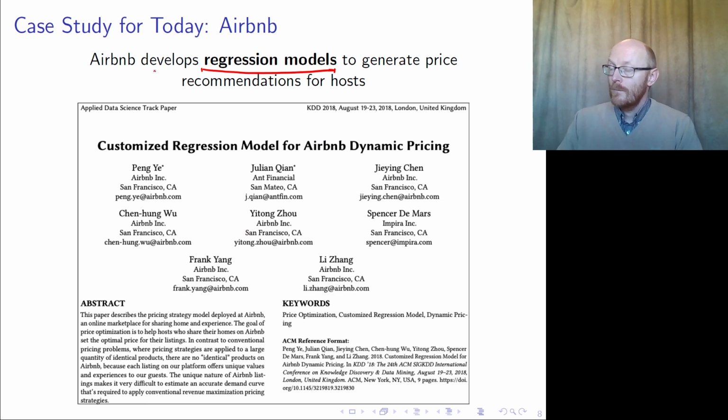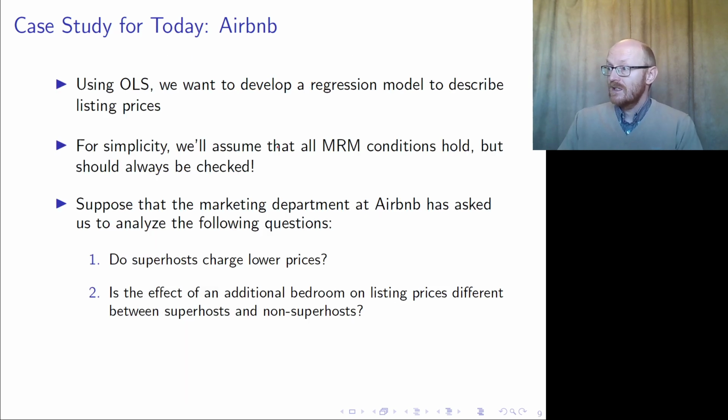And they developed regression models to generate price recommendations for you as a host. So what we want to do is something else than Airbnb does, but we would like to develop a regression model to describe the listing prices, and we'll just assume that all the multiple regression model conditions hold.